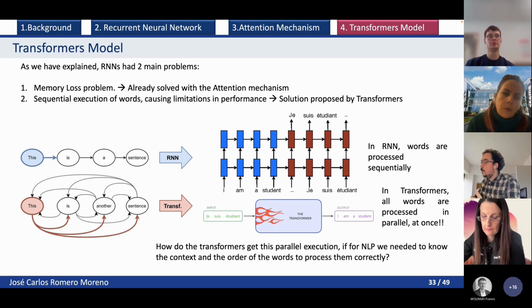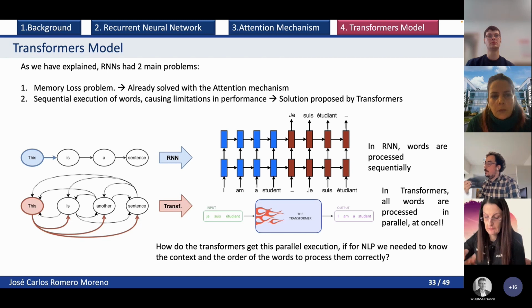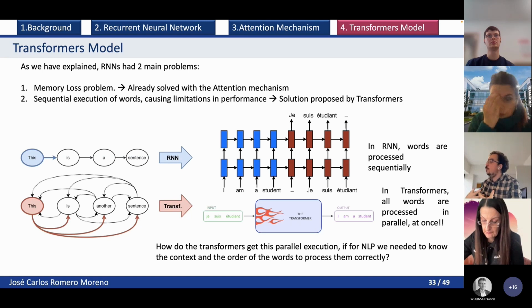It's a real waste of time and computational resources if you need to process one word at a time. Imagine if instead you could process the 1 million words at the same time, in parallel. You are dramatically increasing the potential, the power of your model. And this is what the transformer did.